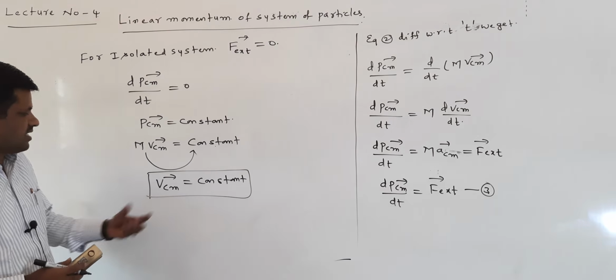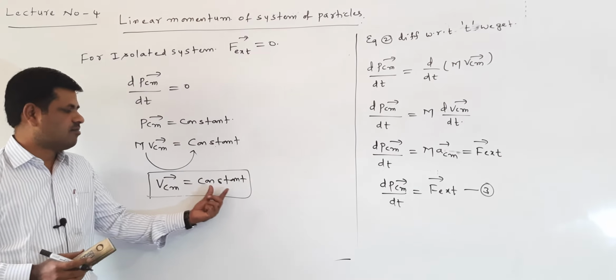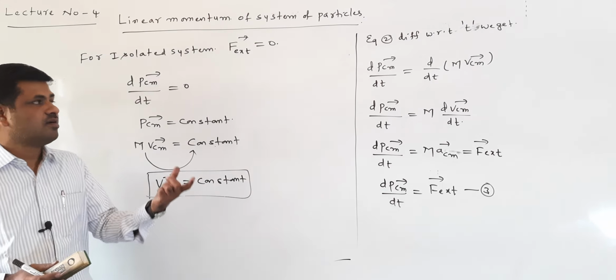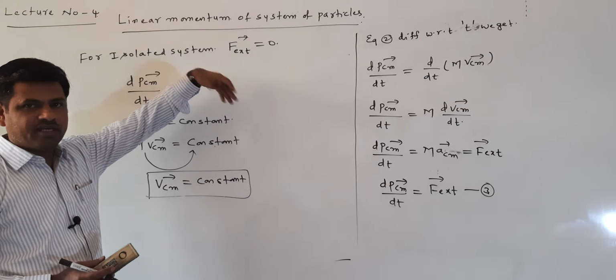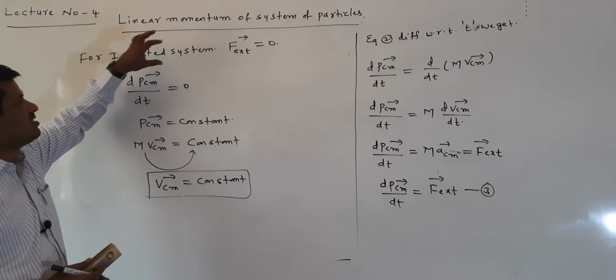From this we say that the velocity of center of mass is constant if the net external force acting on the system is 0.